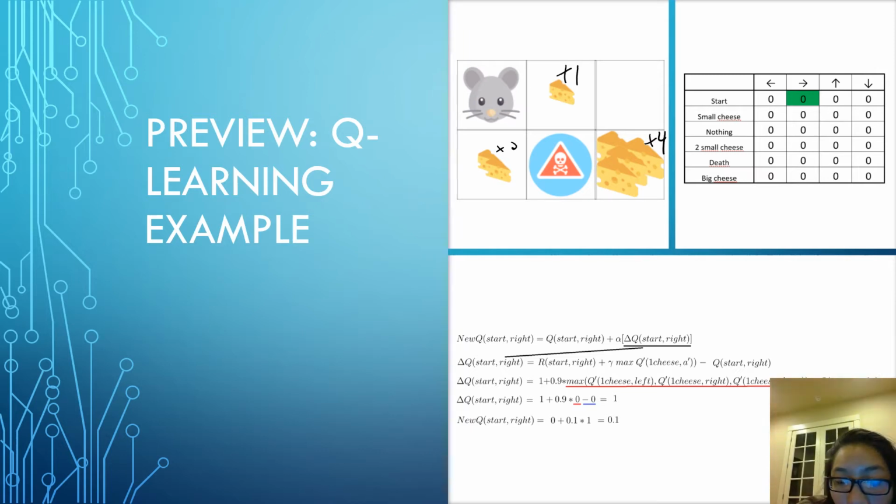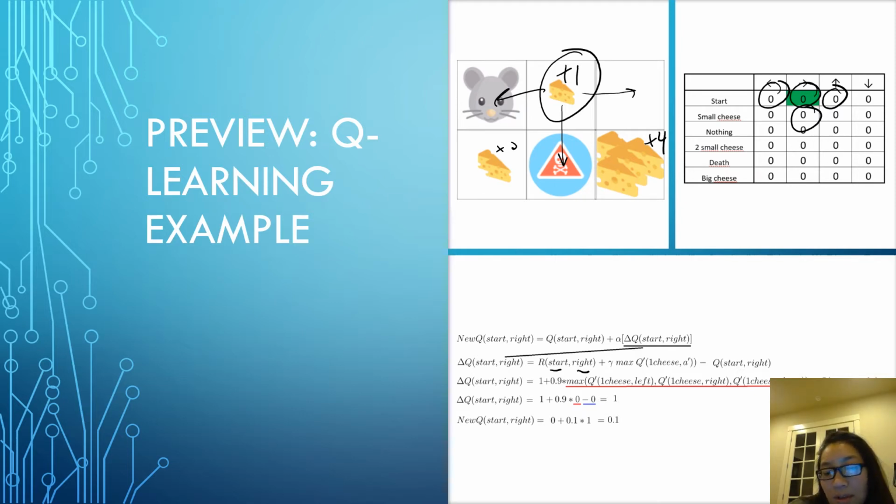So the reward going in this state going right is 1 because of the cheese, so that's 1, plus the discount rate, which seems to be 0.9 and which we know is future oriented, multiplied by the max of the action value function of the possible actions in that new state. And the possible actions in that new state are right, left, and down. And we know those action value functions are all equal to 0, as seen in our Q table, minus the current action value function, which is also just 0.